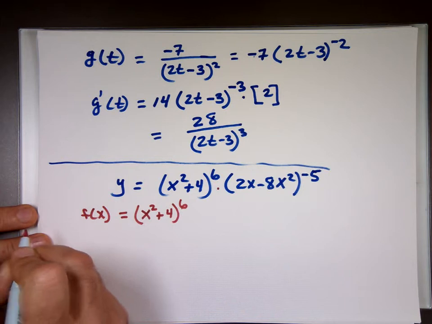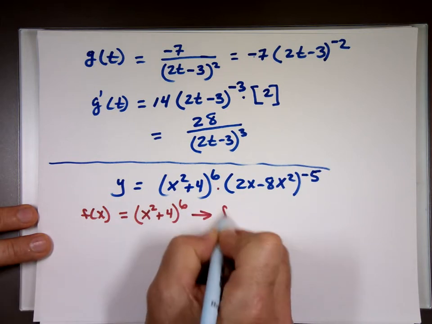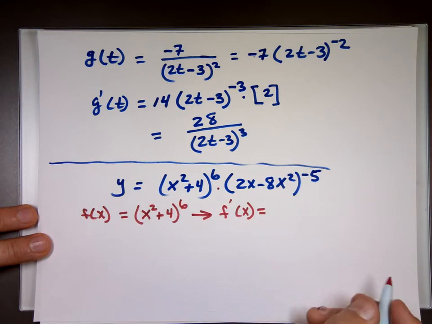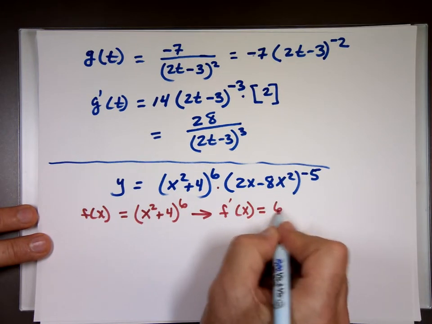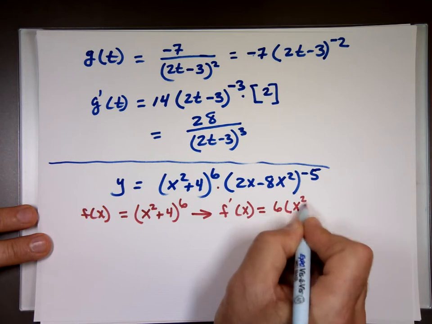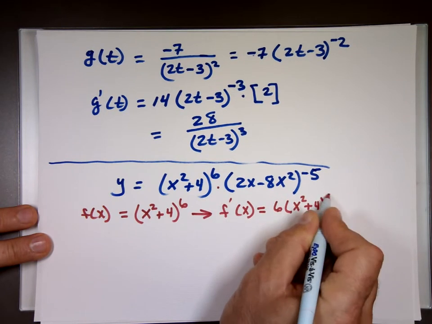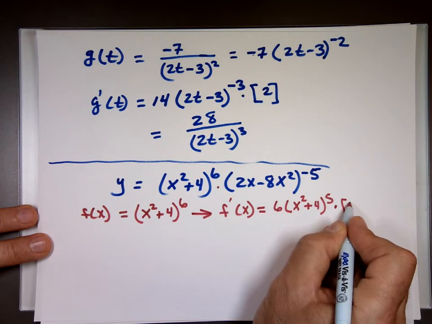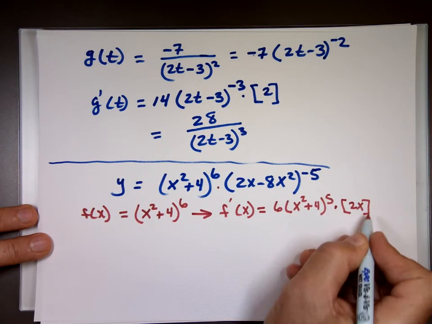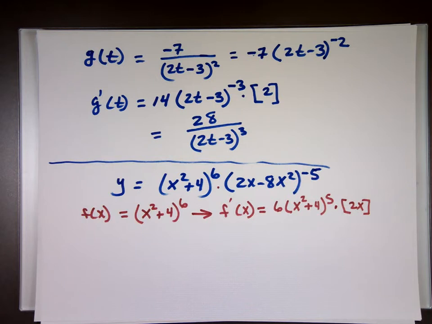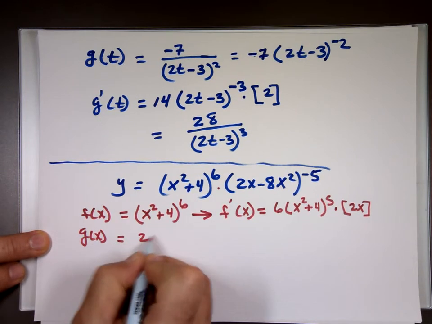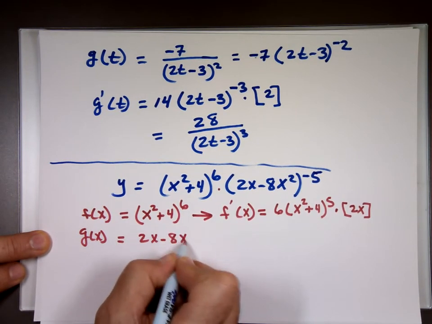And what's the derivative of that? 6 times x squared plus 4 to the 5th times 2 what? 2x. Yep, 2x. And g of x is the second piece, and that's 2x minus 8x squared to the power of negative 5.